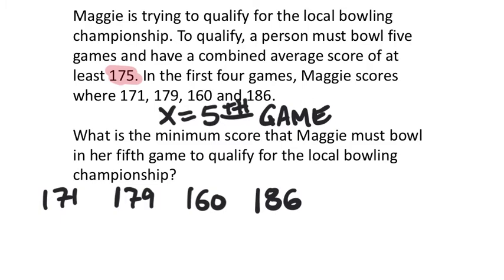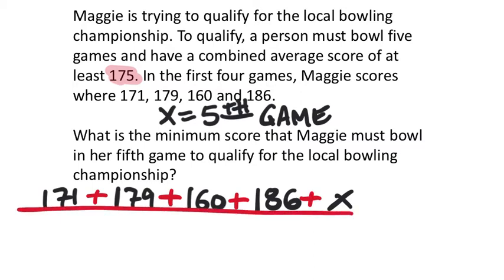Now it's just that the average has to be 175, right? So I'm going to take all 5 of these values and add them together. By adding them together, that will be the sum. But the average would be to divide that by however many numbers there are, which is 5. And then if we want to write this as an inequality, not that we necessarily have to because in the homework it's only going to ask for that X value.